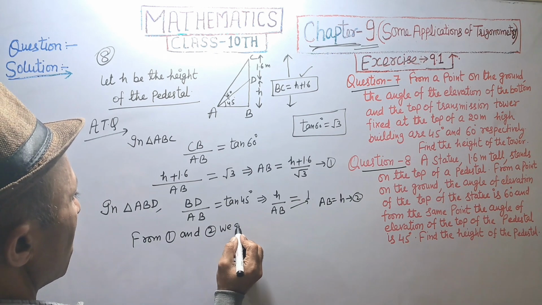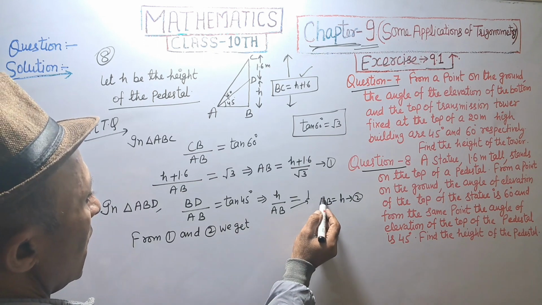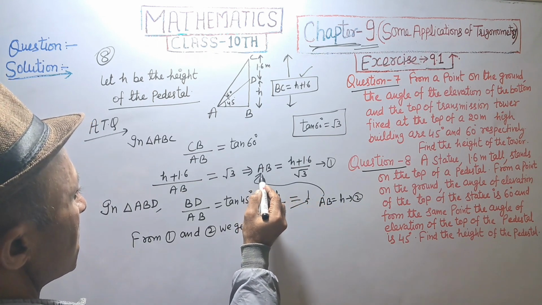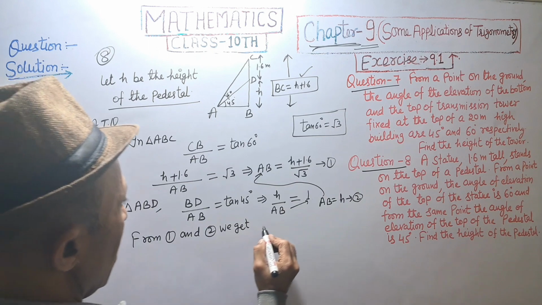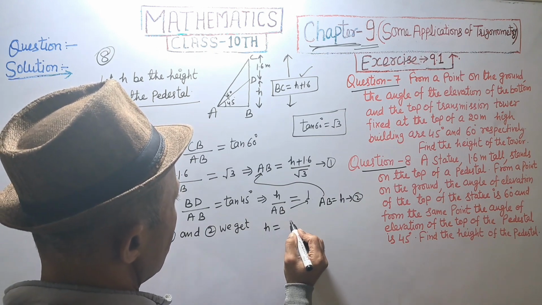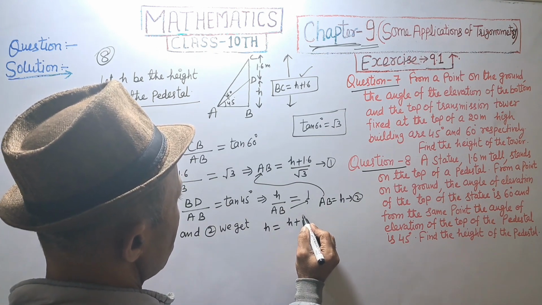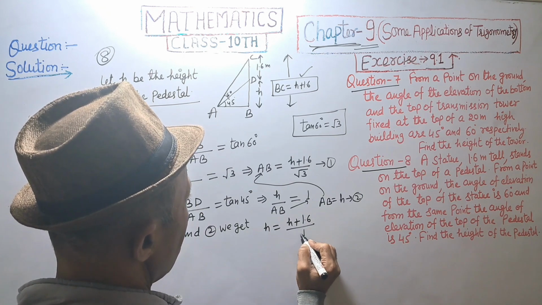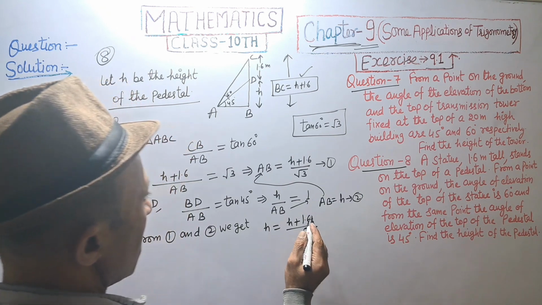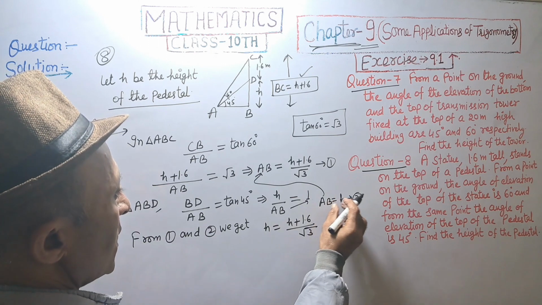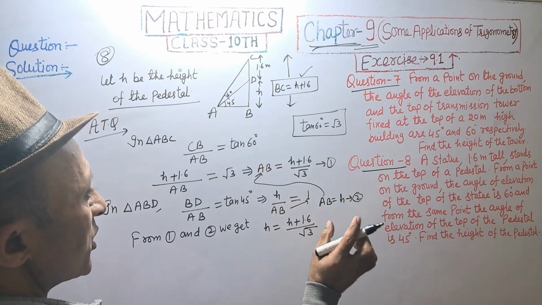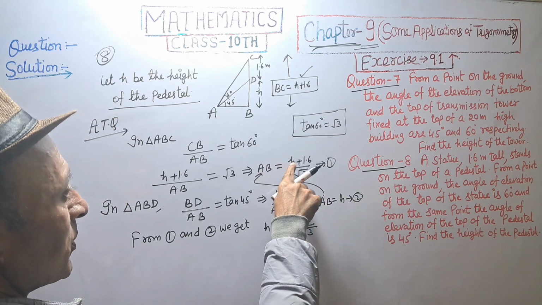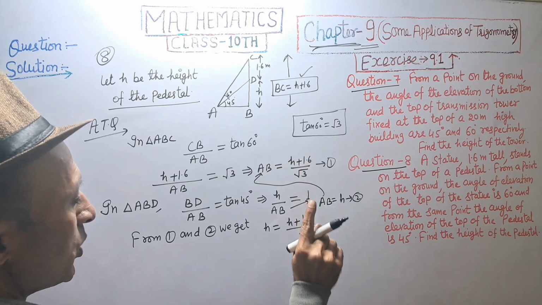From first and second equation, we get AB is equal to h. Putting this in equation first, h is equal to h plus 1.6 divided by root 3.